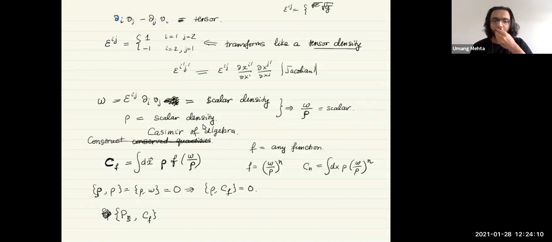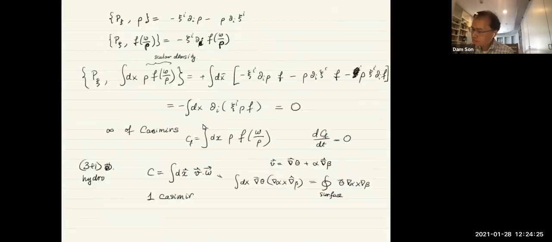I see. And my second question is, in 3+1D, V dot omega, how does omega end up becoming a vector instead of a vector density? So omega here is actually a vector. I think it's, let me think. Omega is defined again like this.